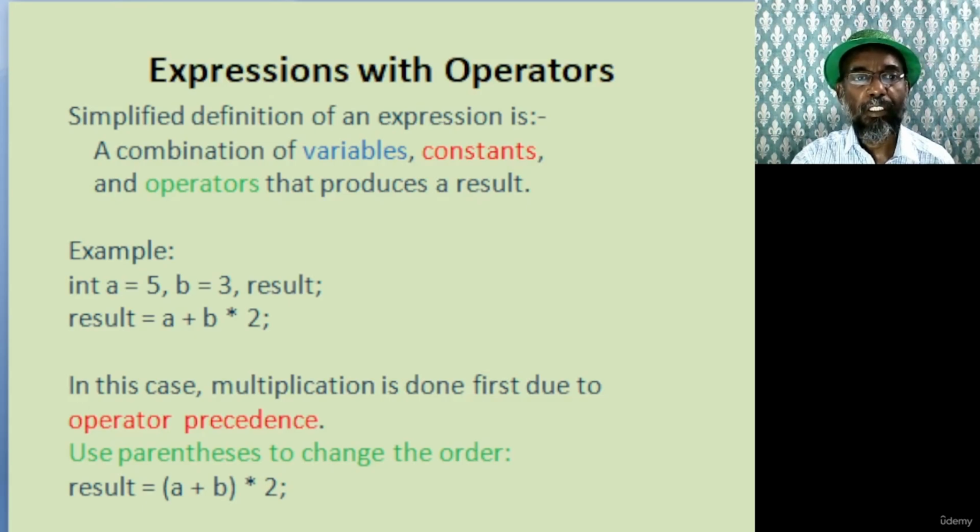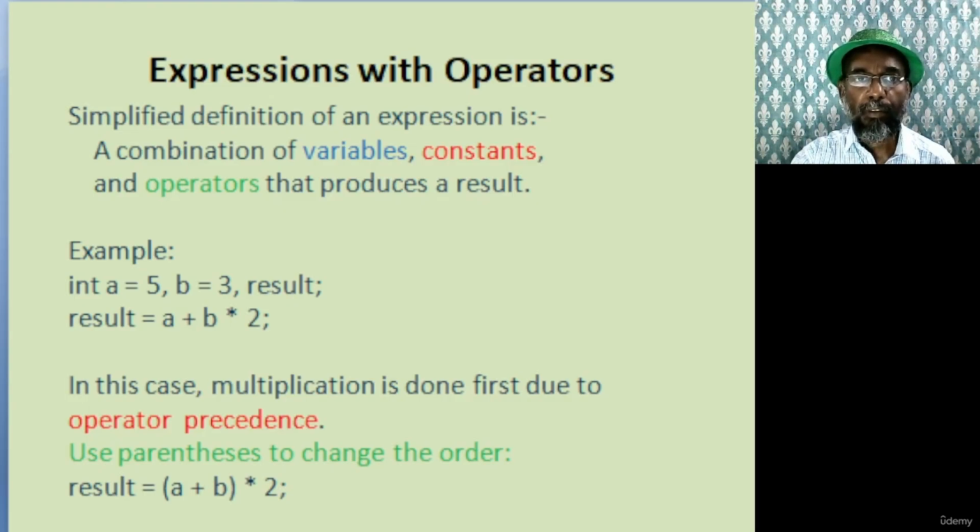Now change it like this. Result is equal to, within parentheses a plus b, then asterisk 2, then semicolon. Now the result will be 5 plus 3 first. That means 8 asterisk 2. 8 into 2 is equal to 16.